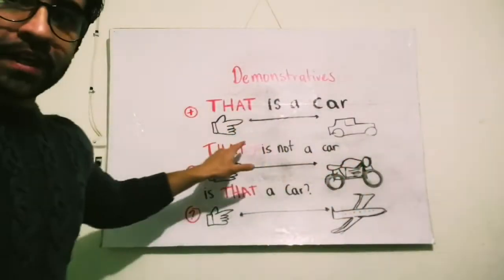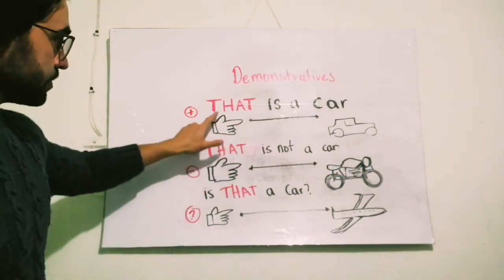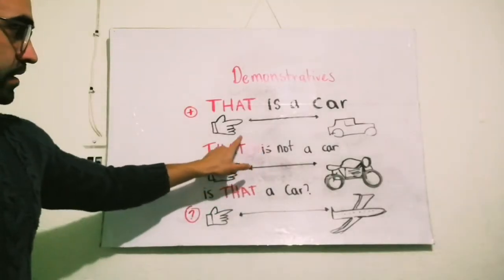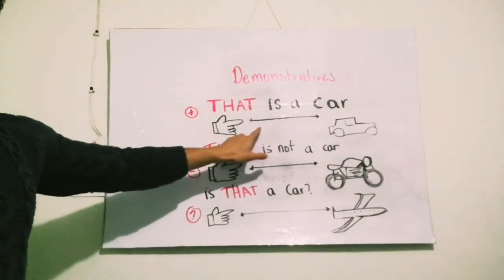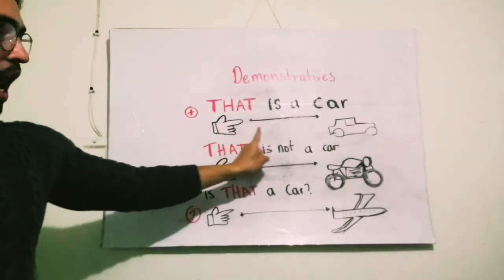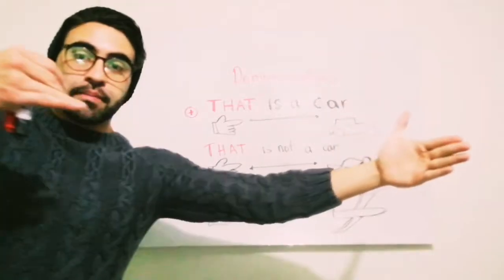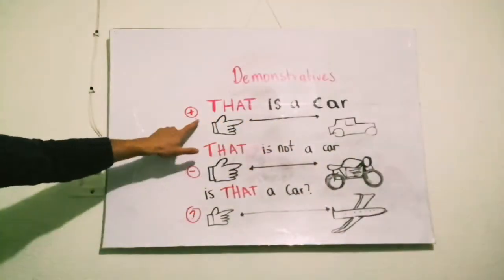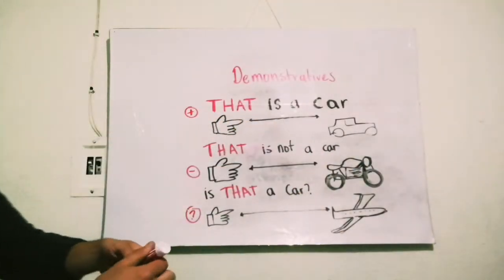Here I have an example. I say that is a car, right? Notice here, the distance between the hand and the car is a long distance. They are separated. They are far away from each other. So I say that is a car, right?